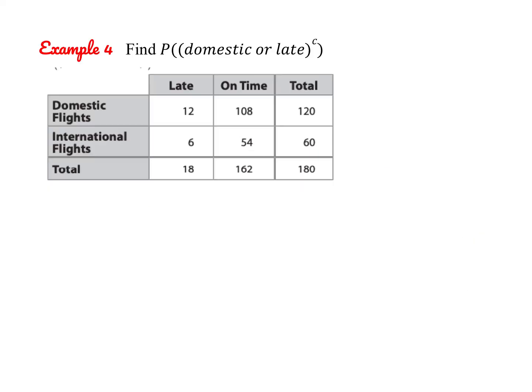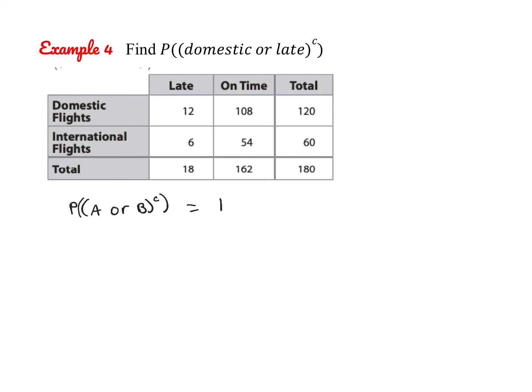All right, let's try another one together. So here we're going to find the probability that it is the complement of being domestic or late. So remember, the complement is it not happening. So we're going to find the probability of it not being domestic or late. So to find the probability of the complement, I'll say A or B complement.